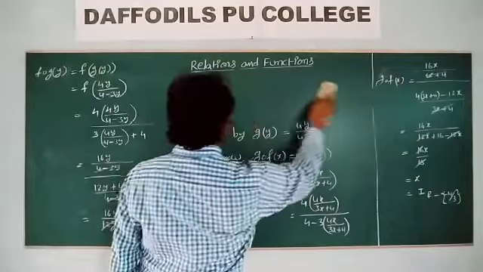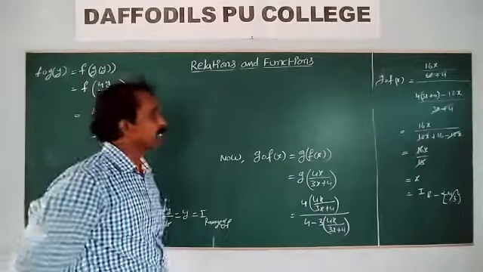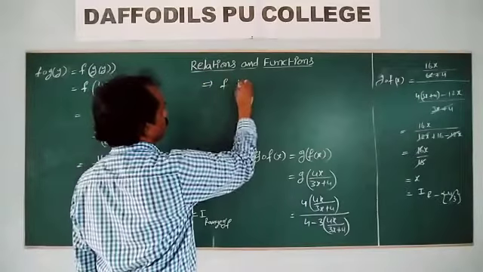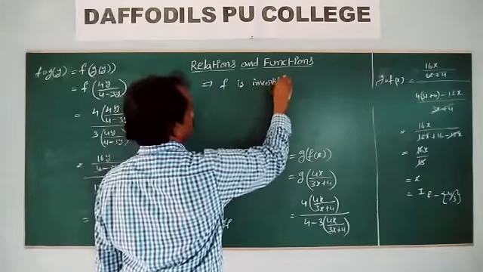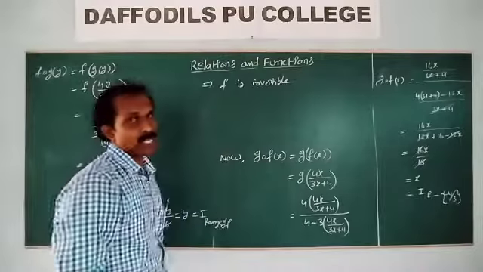Then what do we say from this? g circle f is the identity and f circle g is the identity. This implies f is invertible, which means f inverse exists.